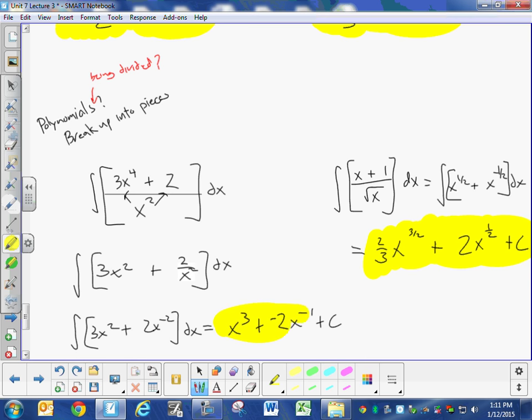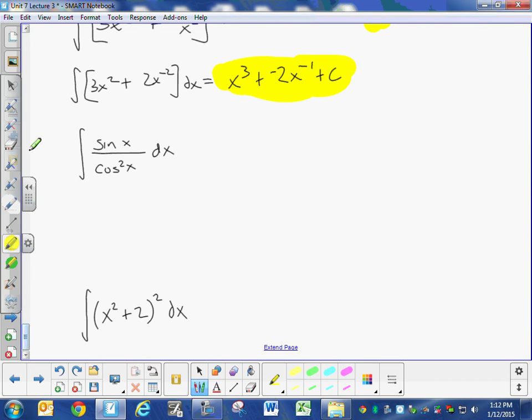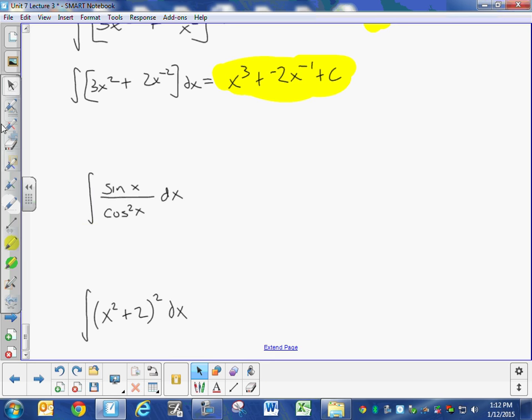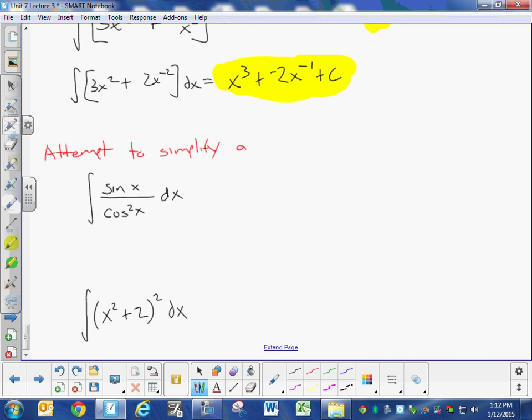Okay, so now we are ready to handle those. So you have stuff that looks like this. And really just all of these, attempt to simplify first. Don't try to take this antiderivative as you see it.